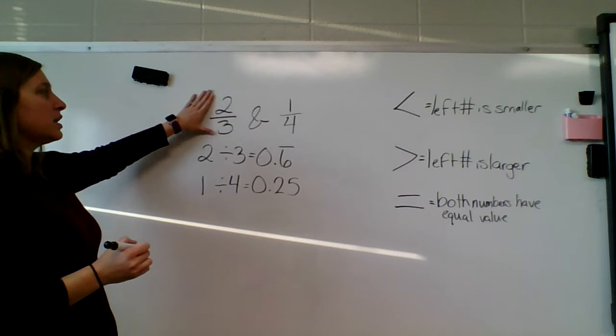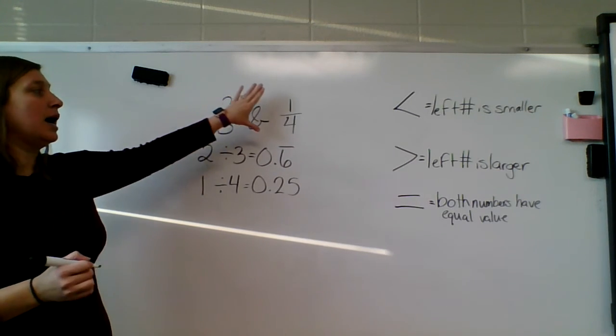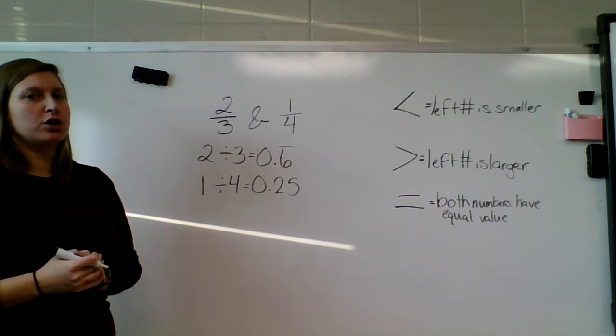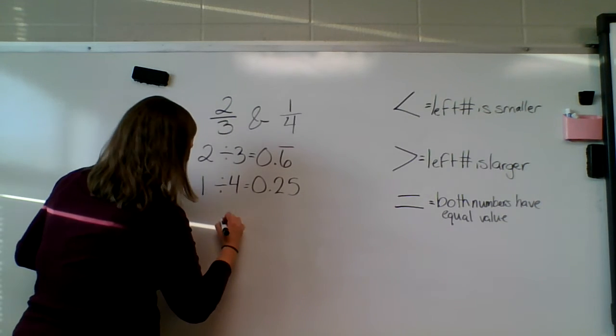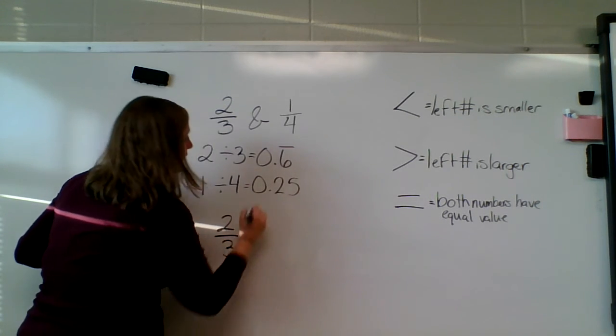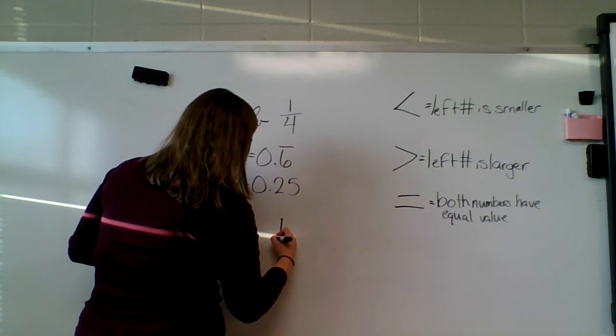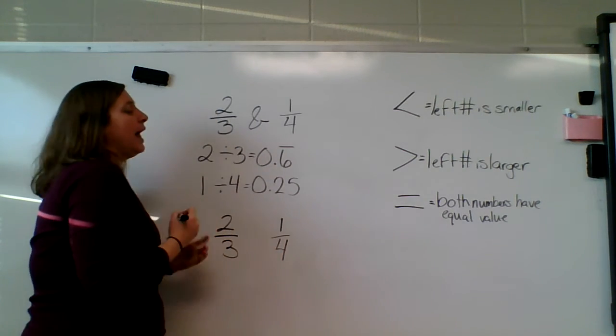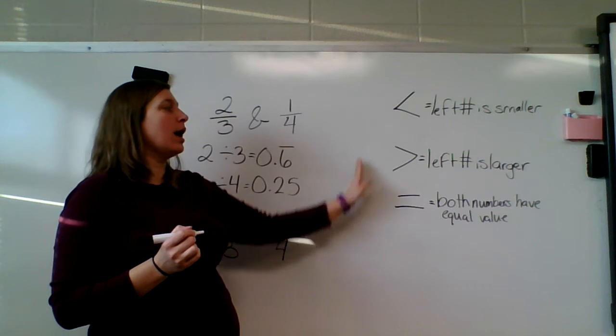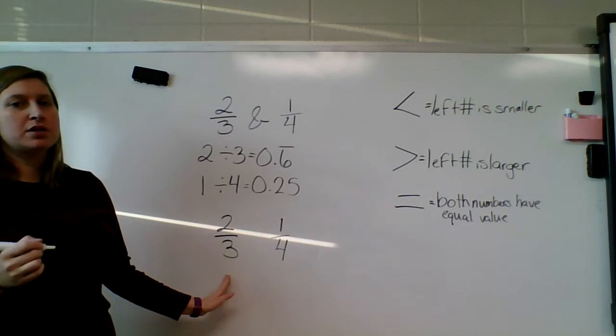Since this is how it's written, I'm going to keep the numbers in the same order. So I'm going to keep 2/3 first, and I'm going to keep 1/4 second. Now I need to figure out which symbol I'm going to use in between my numbers.